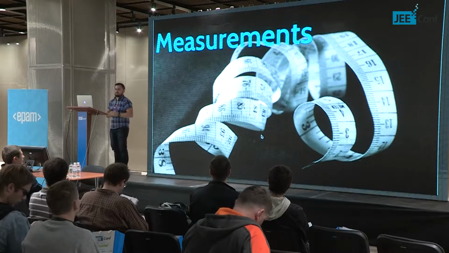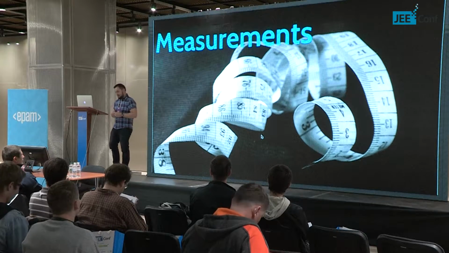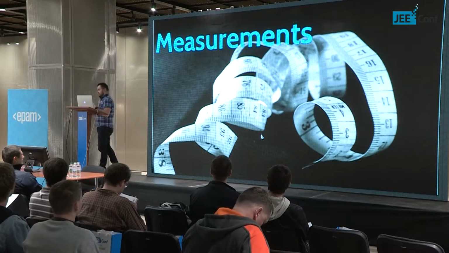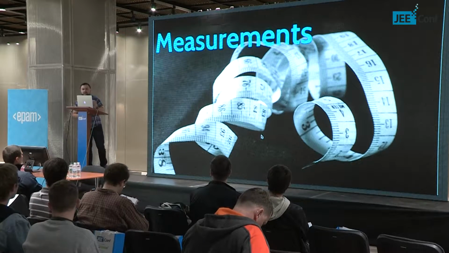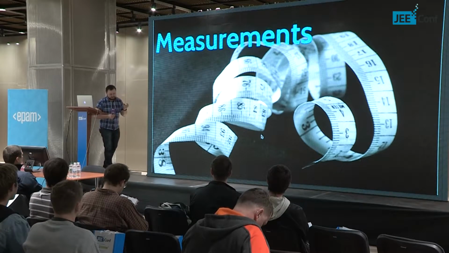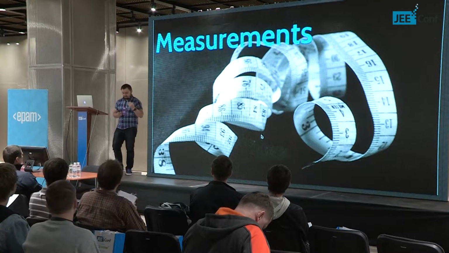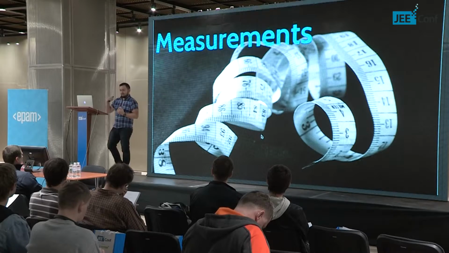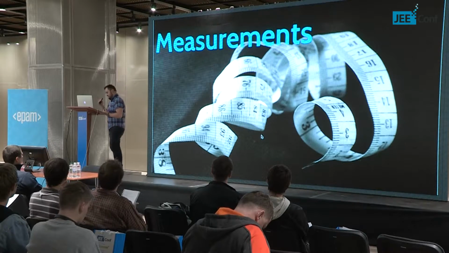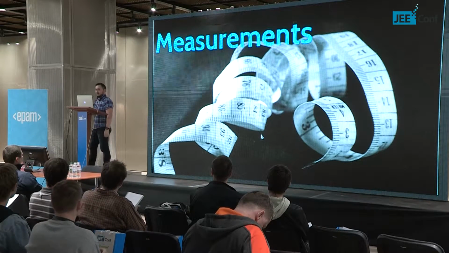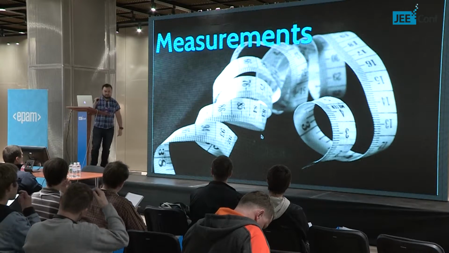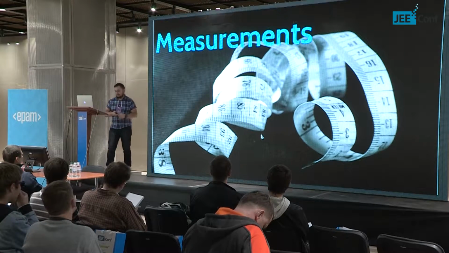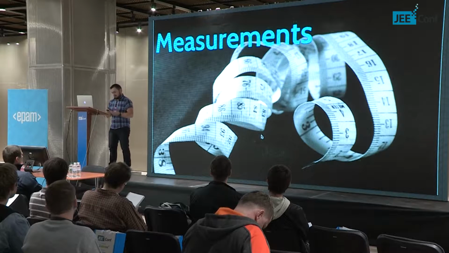So we need to use percentiles. For example, a 95th percentile of 200 milliseconds demonstrates that our application is capable of serving 95% of requests under this 200 milliseconds time frame. So it's most relevant to us.